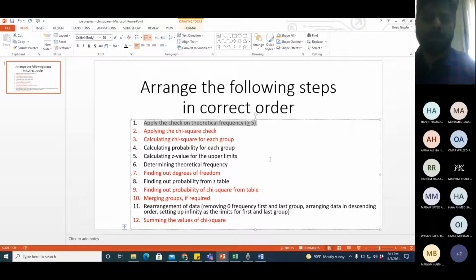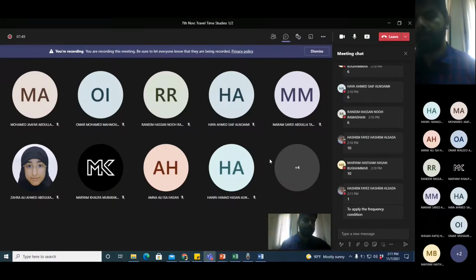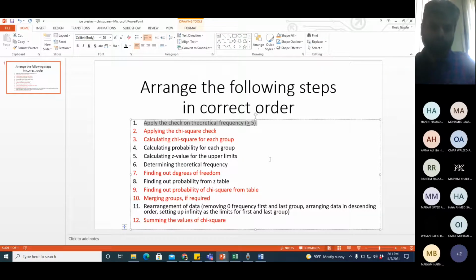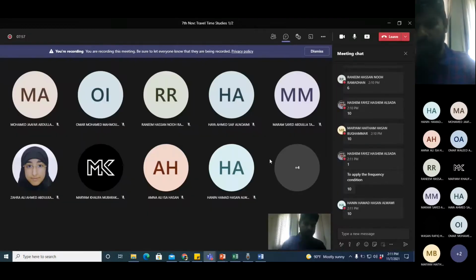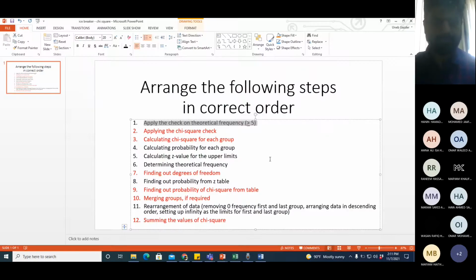Okay. Now what? After 1, now what? You applied the check. Theoretical frequency should be 5 or more. And now what you do? Now you do 10. Yes, good. So now merging if required. If required. Okay.